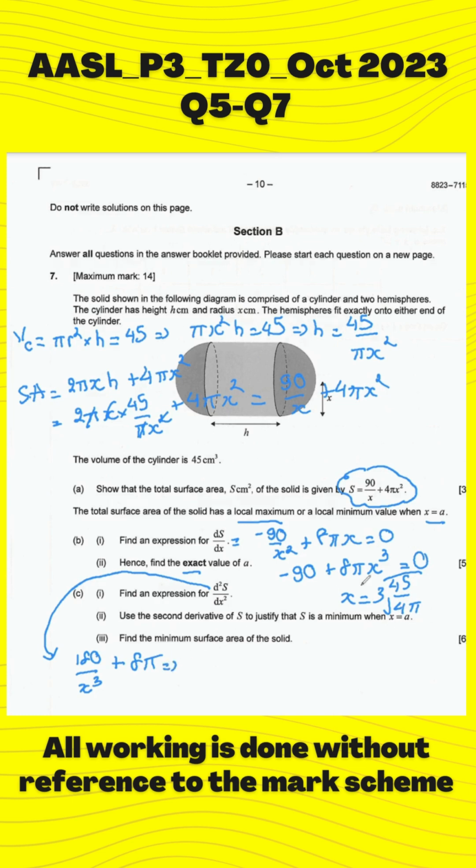So we just plug a in. So 180 over a cubed plus 8 pi. a will be the cube root of 45 over 4 pi. This is a. So it will equal 24 pi, which is bigger than 0. That's what we want.